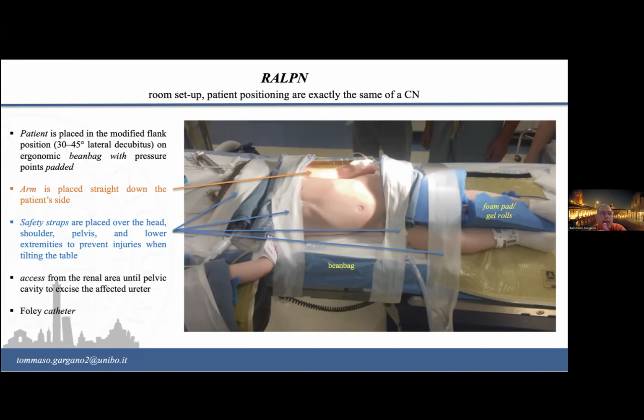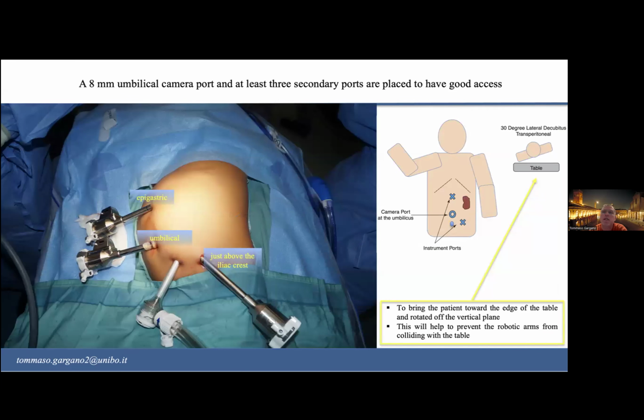Regarding the access, it should be very wide, from the renal area, the renal loggia, down to the pelvic cavity, to excise the affected ureter. We always put the Foley catheter inside. In order to have good access, we place one 8mm umbilical camera port and at least 3 other accessory trocars, 2 robotic and 1 laparoscopic port.